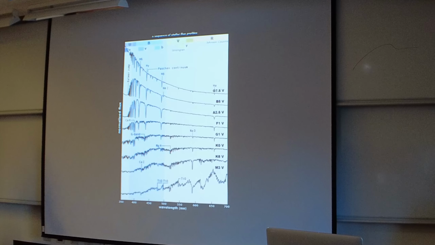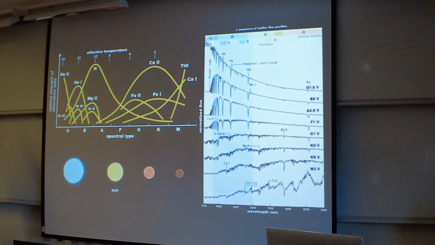So in astronomy, we use the MK system, which is the O, B, A, F, G, K, M classification of stars, and this is basically related to the temperature of the sources because that will set the strength of different lines in the spectrum.